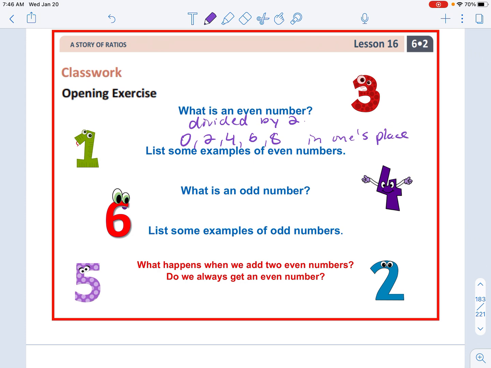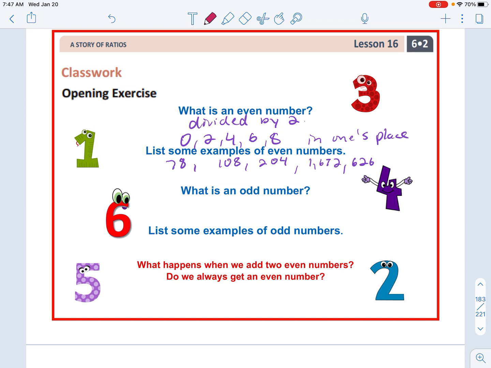List some examples of an even number: 78, 108, 204, 1,672, 626, and those are just some examples, okay?